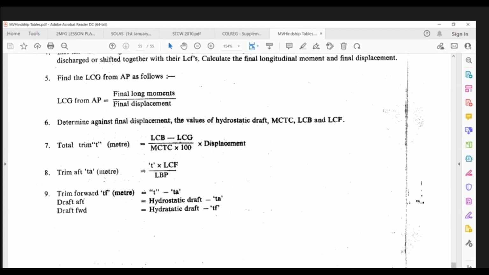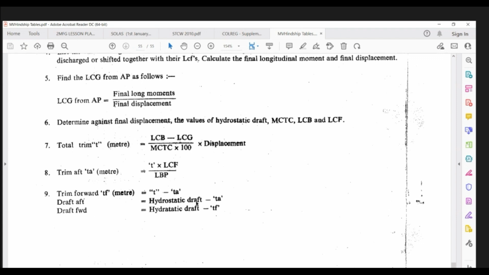Some of the books it is not. What should be the correct one? Draft aft should be hydrostatic draft plus T. That is what is the difference required.